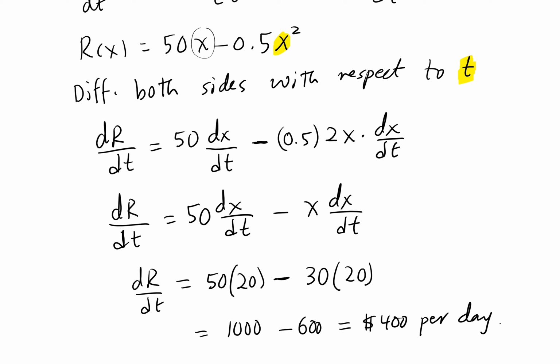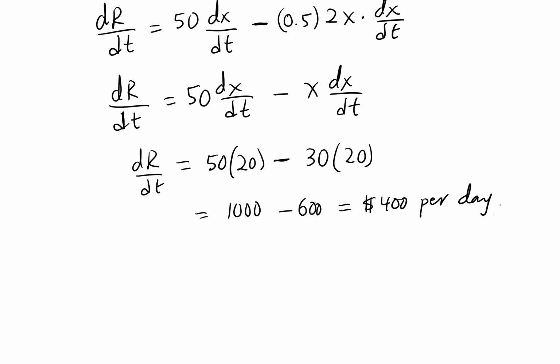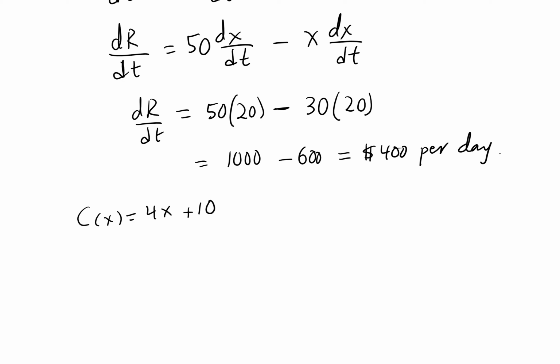Now, you should try to find dc dt on your own, which should be easier than the one we just did. So again, from the problem, C of x was given as 4x plus 10. We are asked to find dc dt.